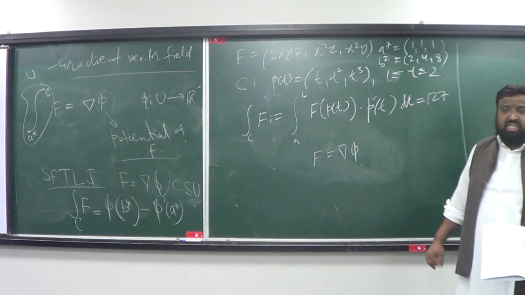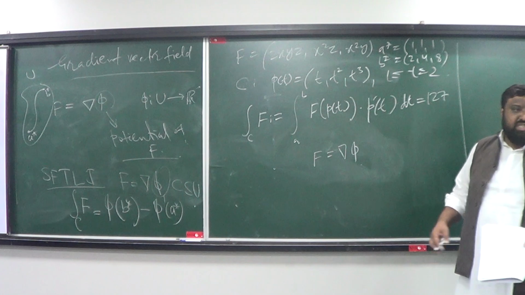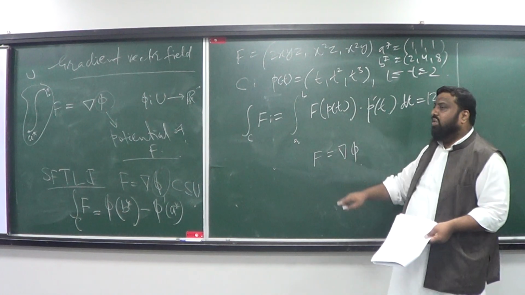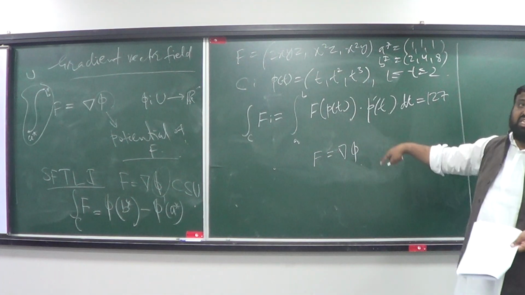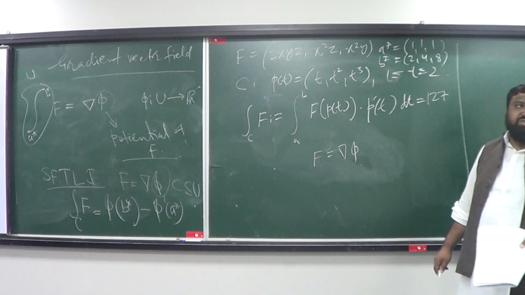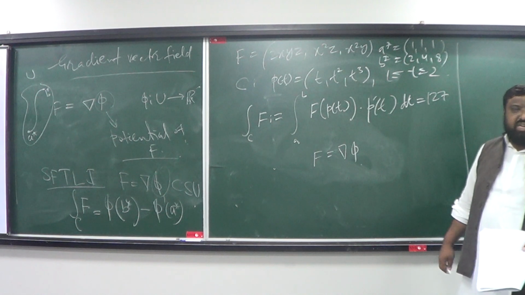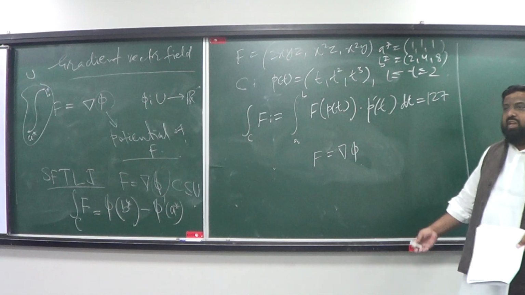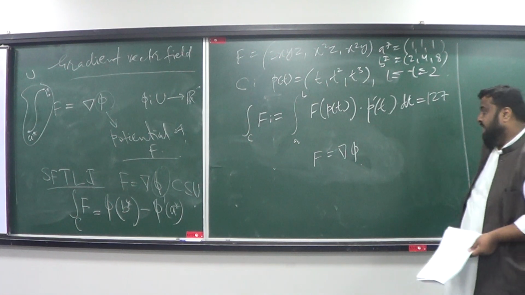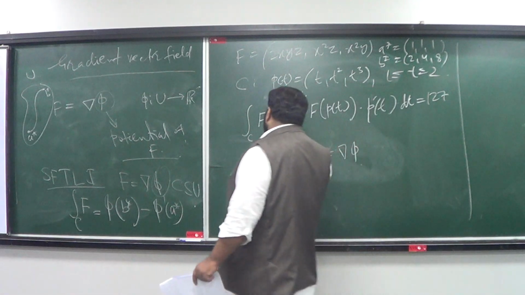We will later address a theorem that guarantees whether such a phi always exists or not. In this case it exists, so we are assuming that phi exists and we would like to find it. Later we will see that there are fields for which you can't necessarily find such a phi. So what is F?